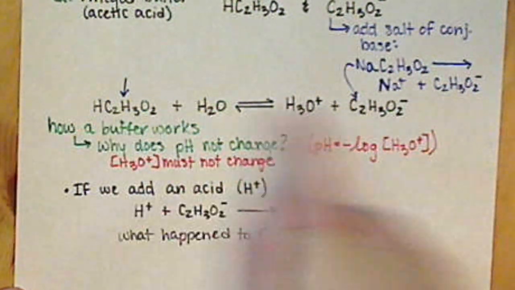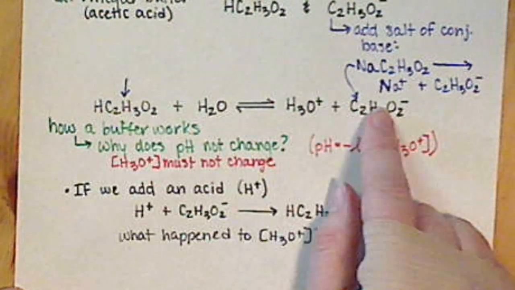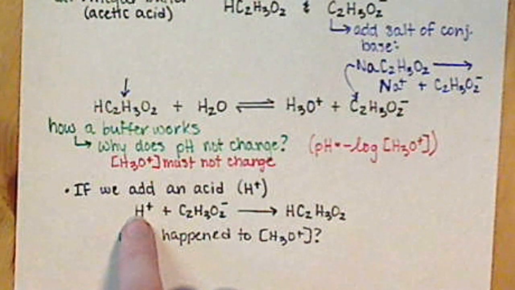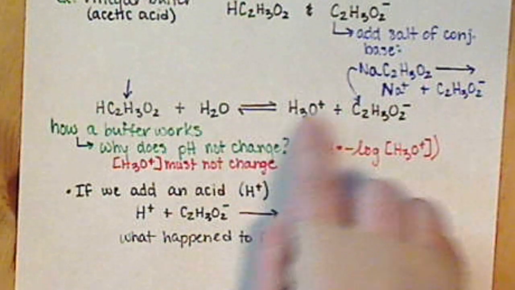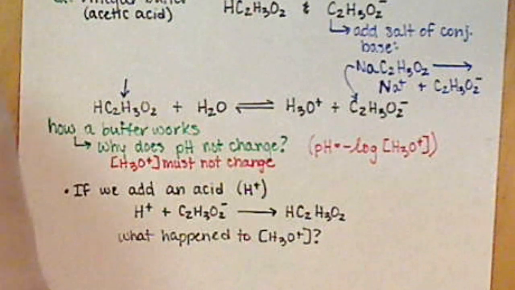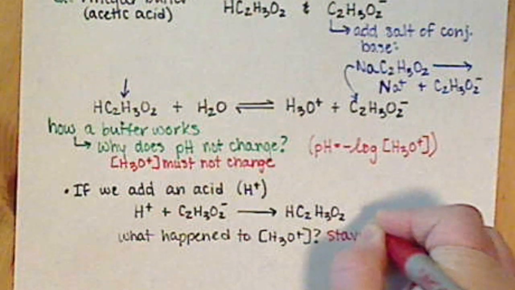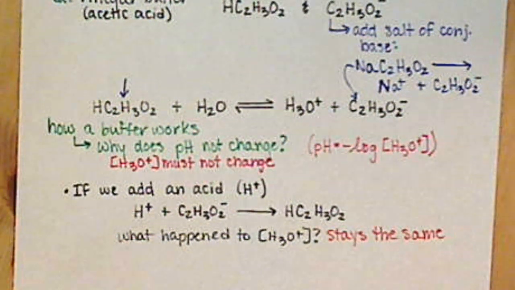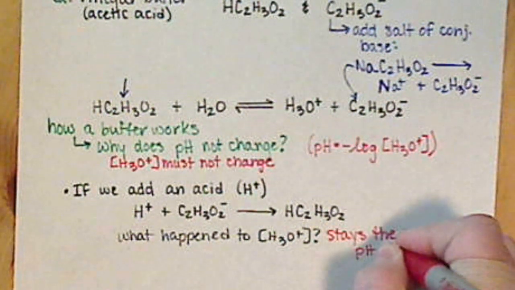As long as we have both of these present, they can switch back and forth all day, for however much of this acid that we add. It's going to combine with that and form that. So what happened to the concentration of H3O plus? It stays the same. If it stays the same, that means that the pH stays the same.